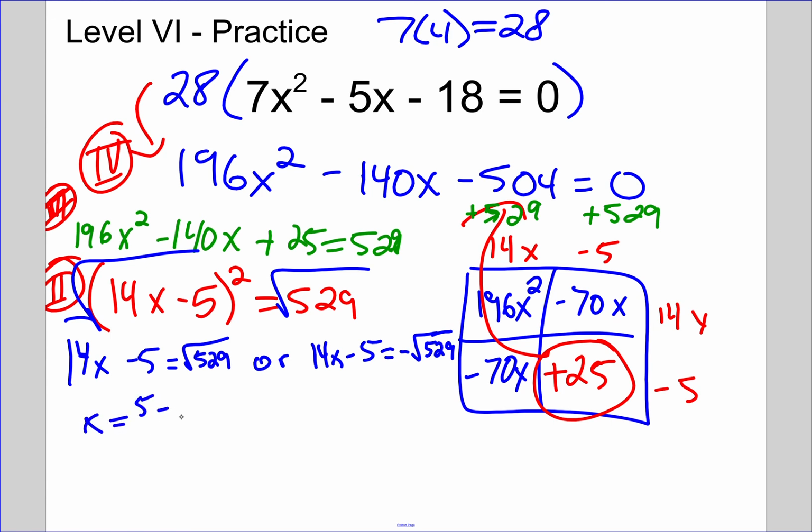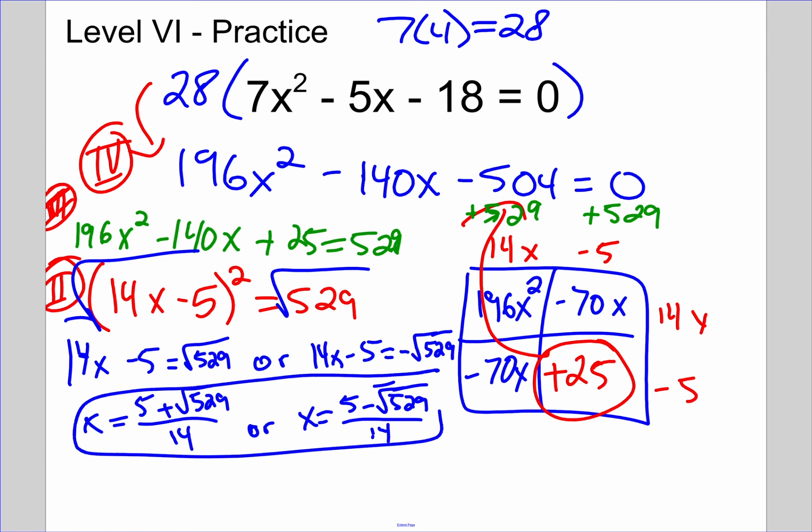So x equals 5 plus the square root of 529 over 14, or x equals 5 minus the square root of 529 over 14. Boom. There's our two answers right there again.